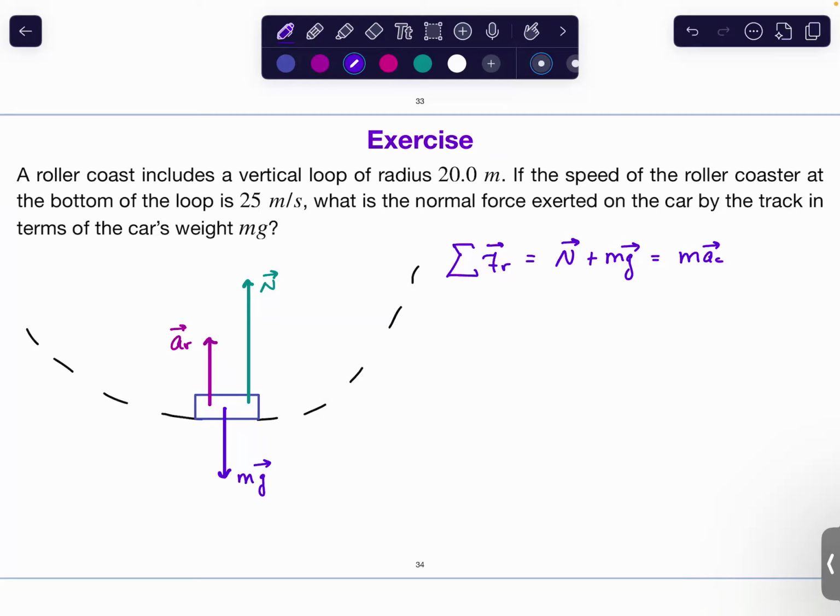Now, what signs are these going to have? Not necessarily. It's pointing away from the center of curvature. Correlation does not equal causation. In this case, no. If I move the car a little bit, you would be.